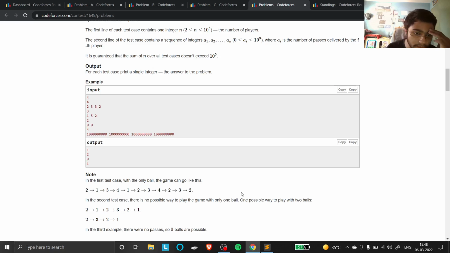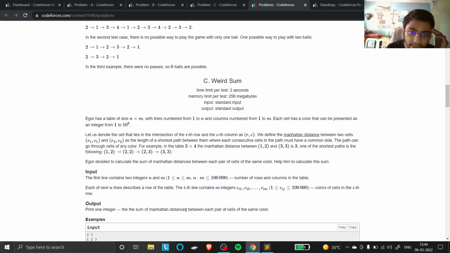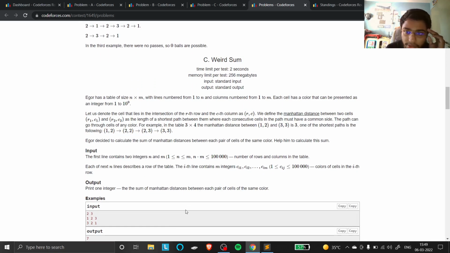What the hell is this? Can the game be played with only one ball? I think I'm not able to do this one.